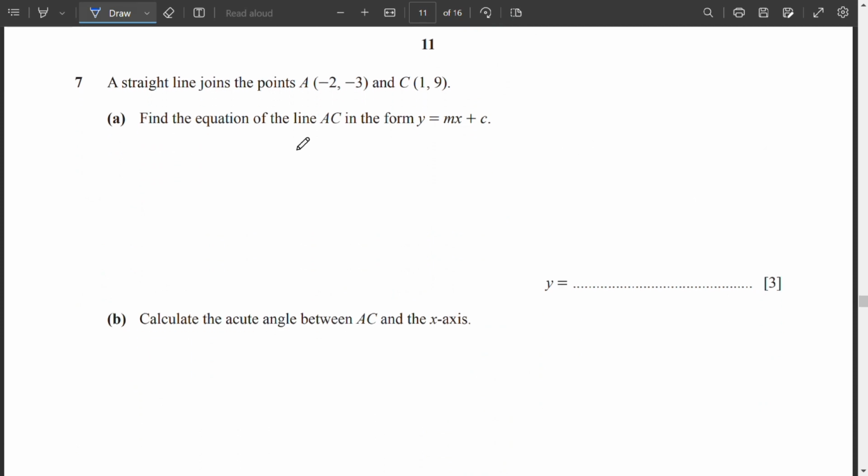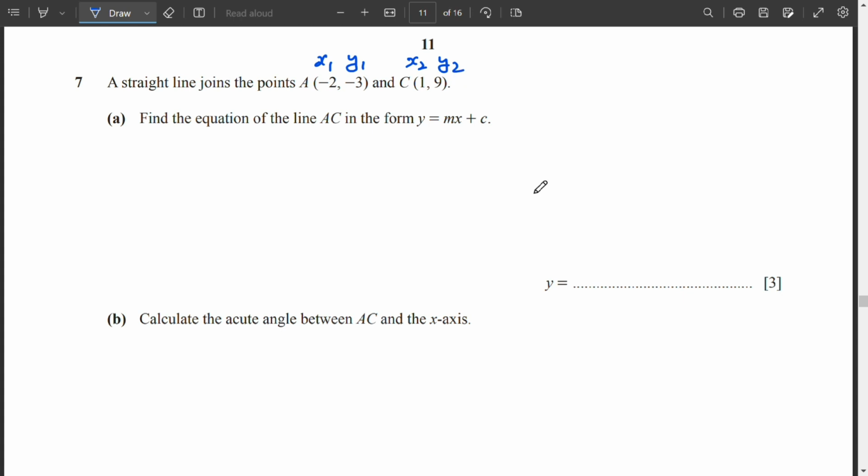A straight line joins the points A and C. Okay, find the equation of line AC in the form y equal to mx plus c. So see, in the form y equal to mx plus c, first of all we should know what is the slope of this line. So m is the slope of this line and we consider this as x1, this as y1, x2, y2.